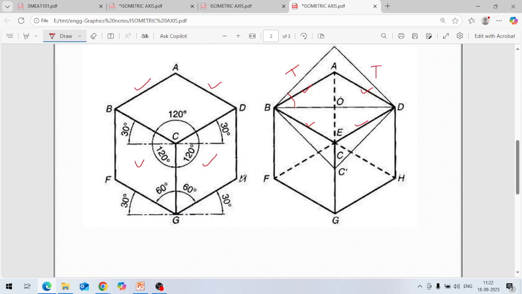This is your horizontal plane, this is your front plane, this is your side plane, this is your top plane. So these are isometric planes, these lines are isometric lines, and all at 120 degrees, these are your isometric axes. So this way it may be clear to you.